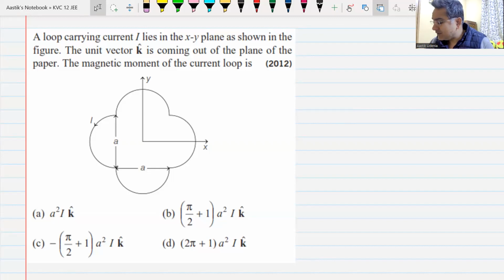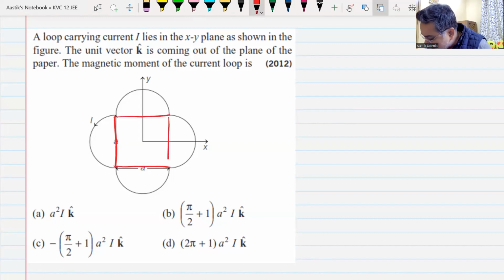In this, you just need to find out the area of this entire thing. You can think of it as a square. The pink one is a square.